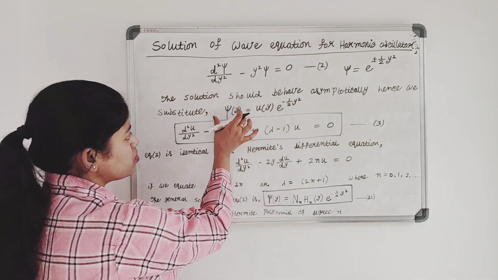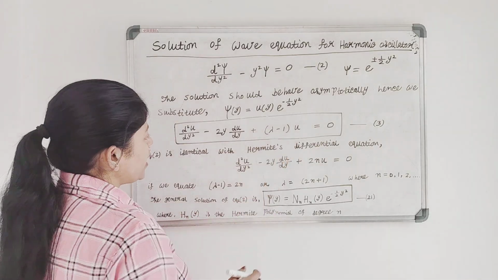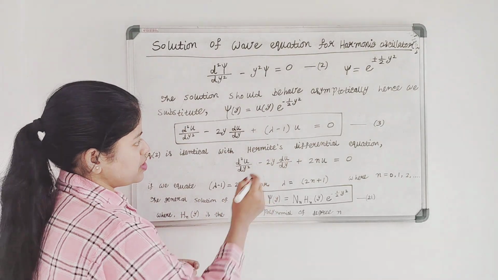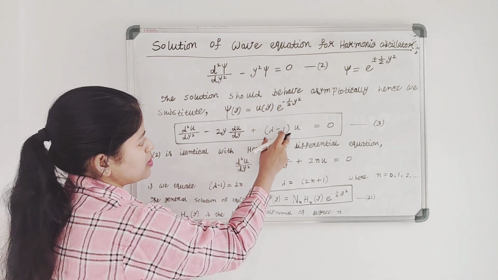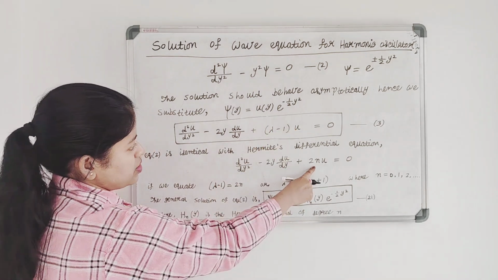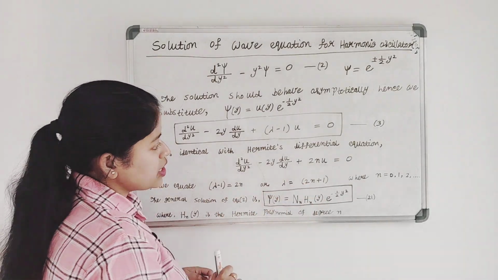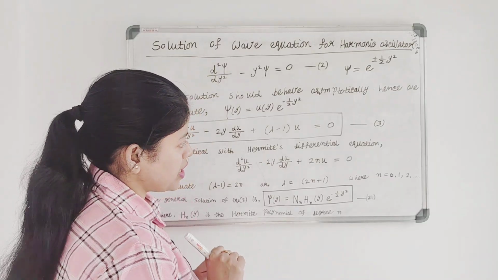Putting this in equation 2, we get this equation, and we can see that it is identical with Hermite's differential equation. If we equate lambda minus 1 with 2n, so when lambda minus 1 equals 2n or lambda equals 2n plus 1, here n can take the values 0, 1, or any non-negative integer.